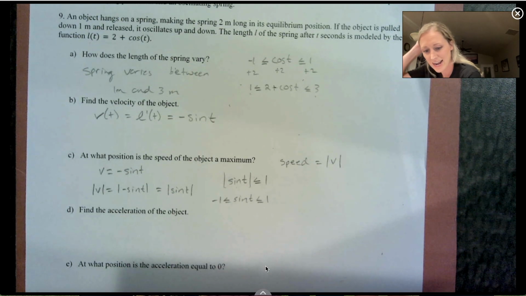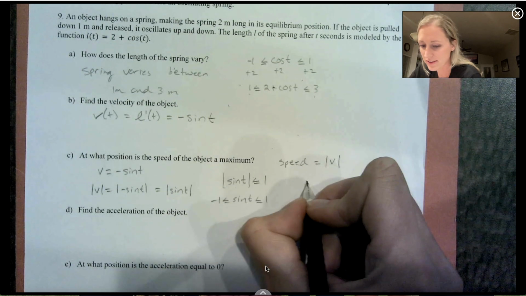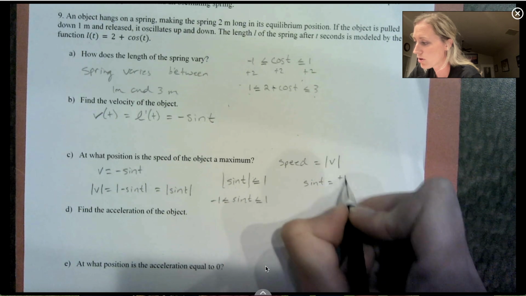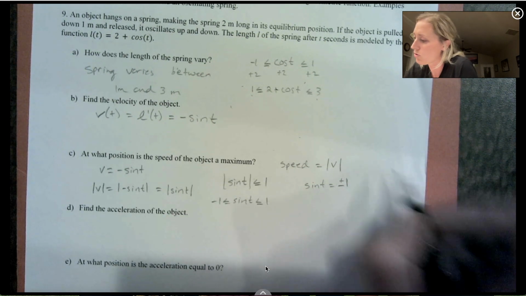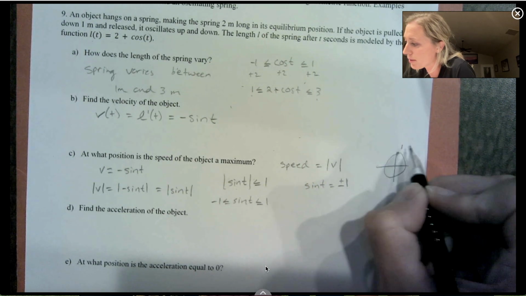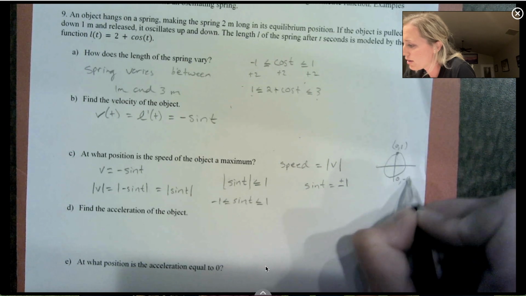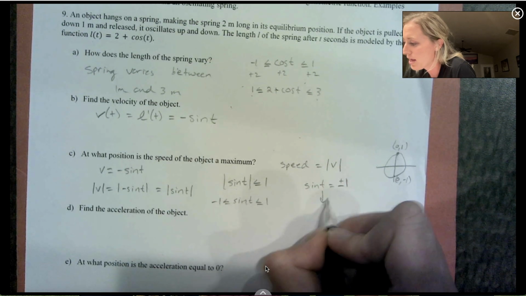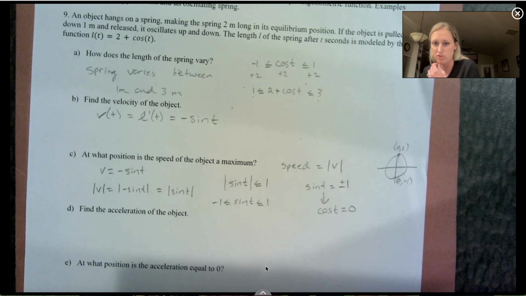So basically, the spring is the fastest, the velocity is at its maximum, when sine of t equals either positive 1 or negative 1. Now, I'm going to think unit circle again here for a second. Sine is 1 up here, and it's negative 1 down here. So when sine is 1 or negative 1, that's the same as when cosine is 0. So both of those instances, cosine is 0.